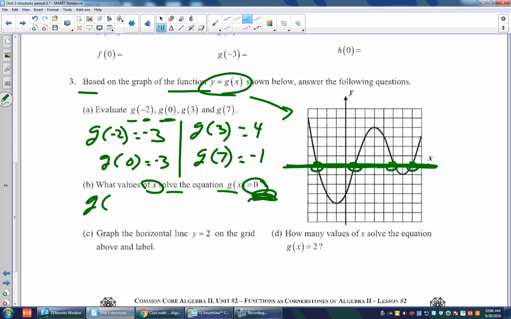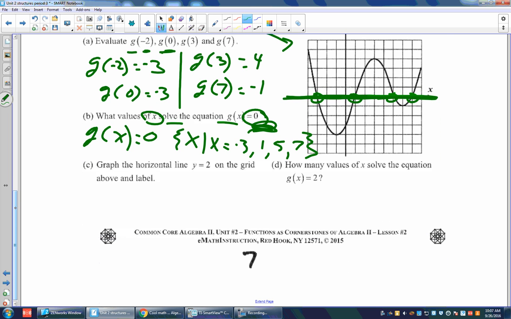So g of x equaling 0 is for all values x such that x equals -3, +1, +5, and +7. Or you could have just put them in the list in the braces.